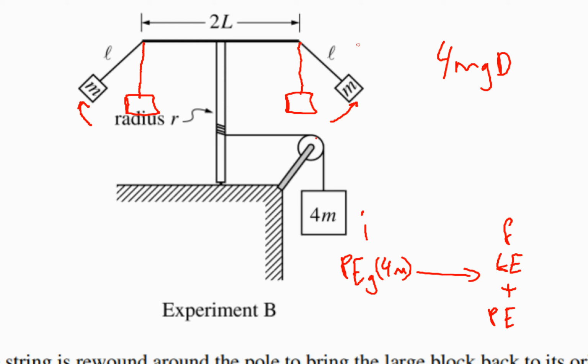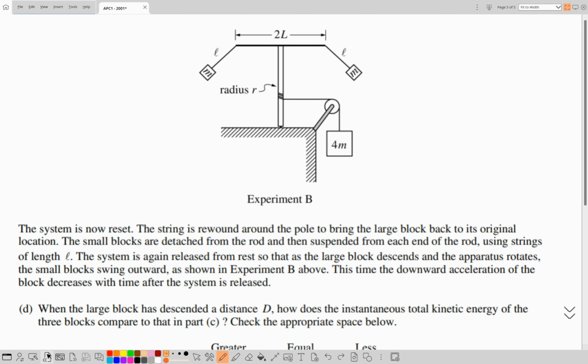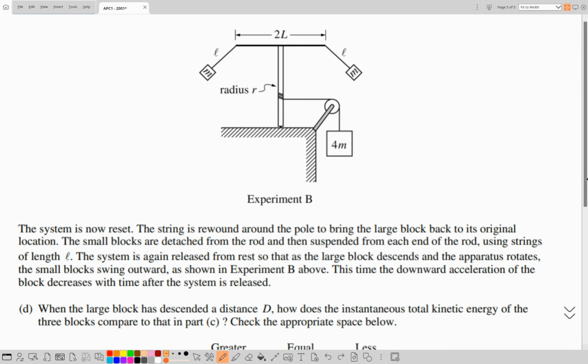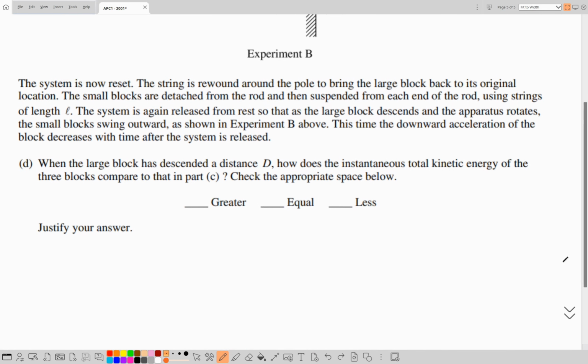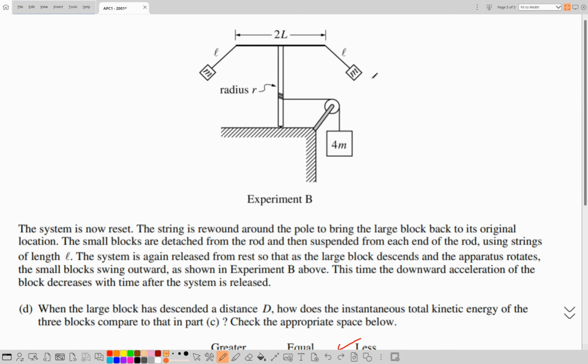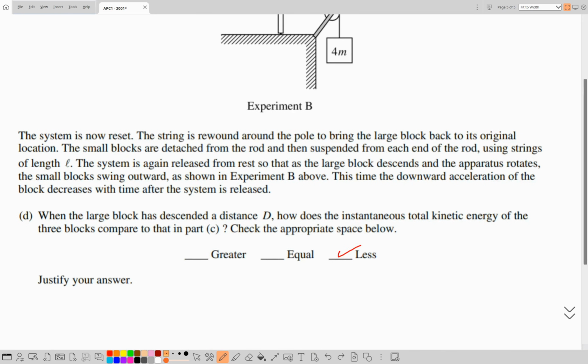The gravitational potential energy of these blocks will increase, unlike the previous configuration where these cannot elevate, so the only conversion of energy is to pure kinetic energy. For this reason, if we're comparing, we should say less, because part of the energy will be given to the gravitational potential energy of these two blocks that will elevate in height.